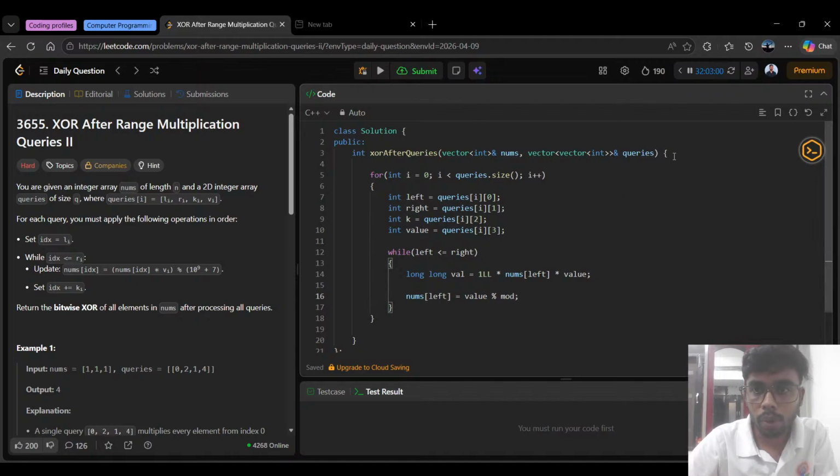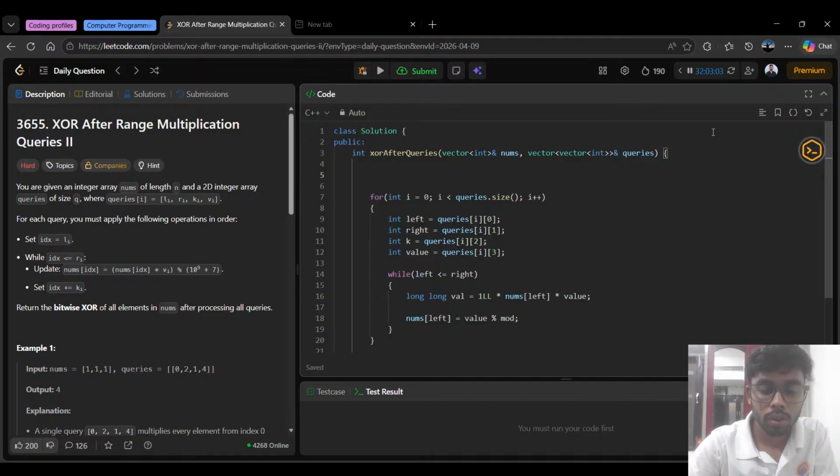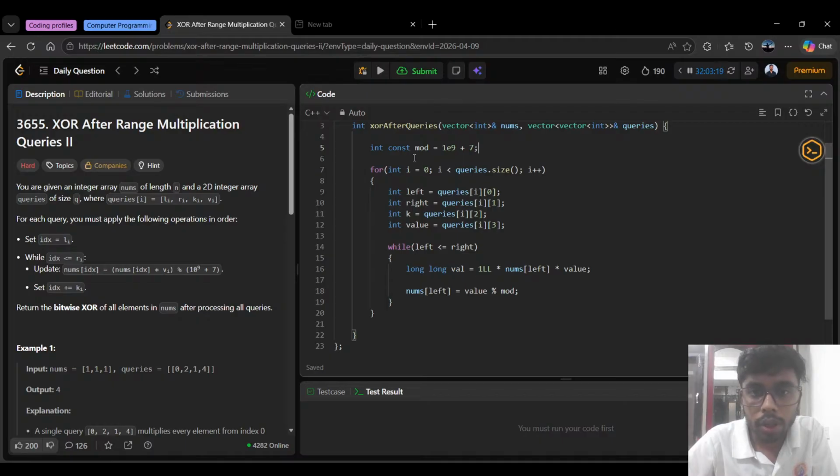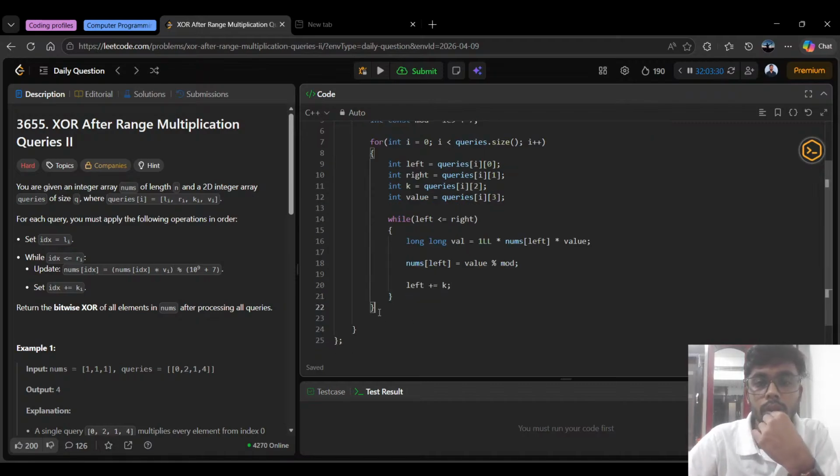We have to declare a mod, const mod equals 1e9 plus 7. Here we go. And left plus equals k. Do we need to do anything else? No.